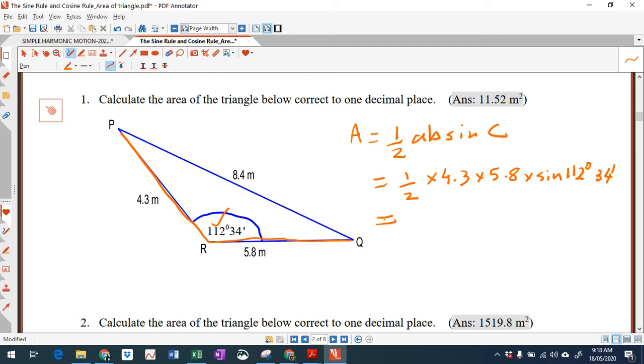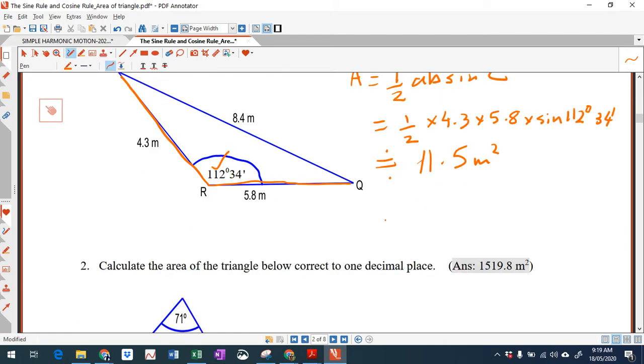So you're going to have a half times 4.3 times 5.8 times sine of 112 degrees, 34 minutes, and you should get 11.5. It says one decimal place, we'll just go 11.5. So 11.5, and that's square meters. Okay, so you should use approximations when you're rounding. All right, let's try the next one.